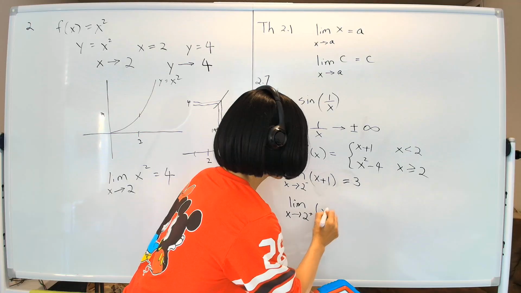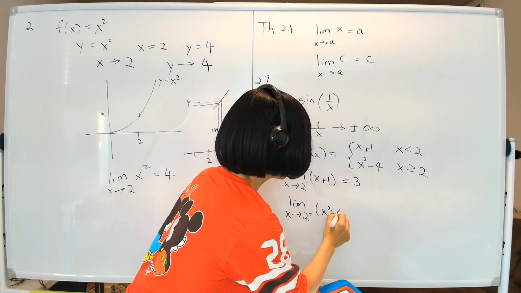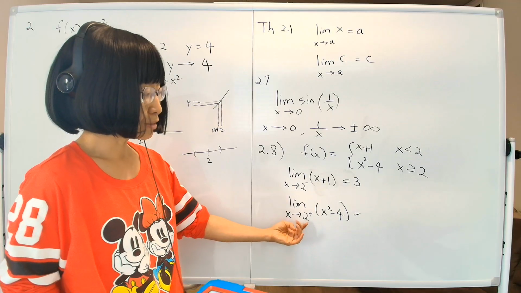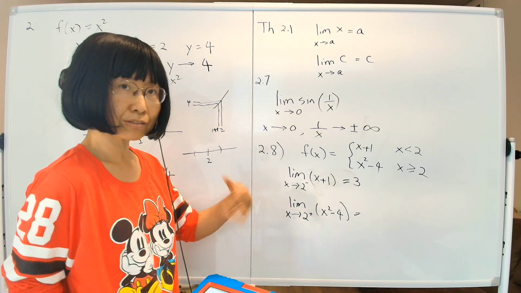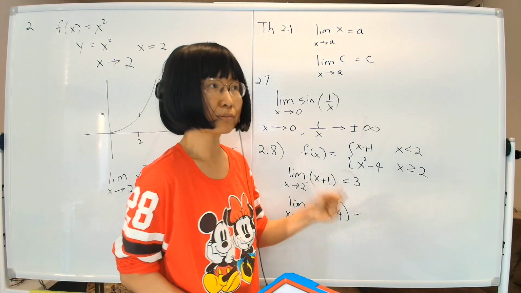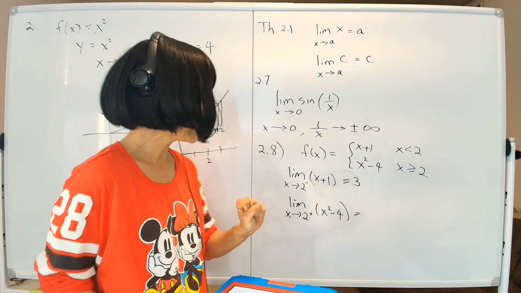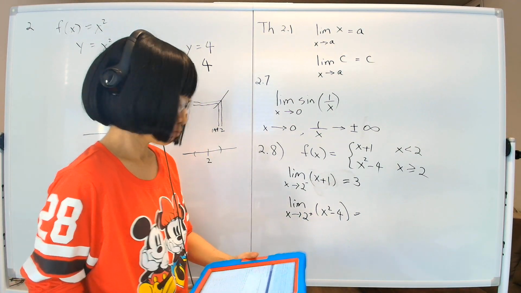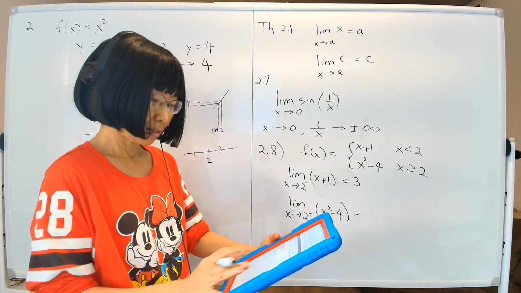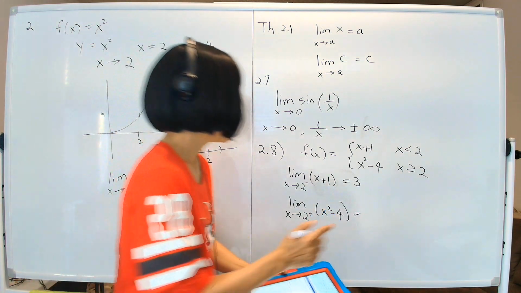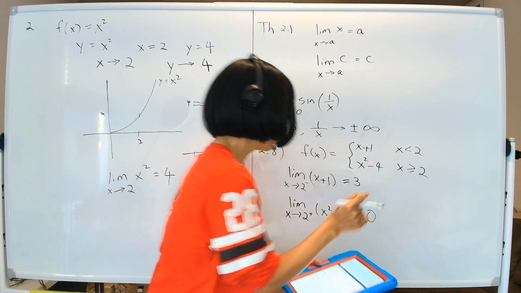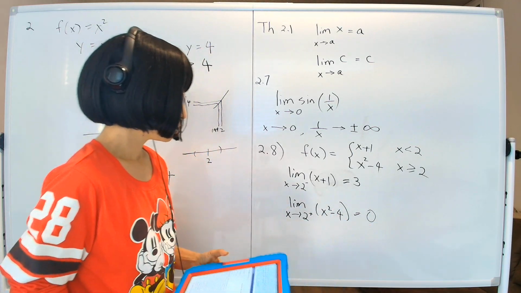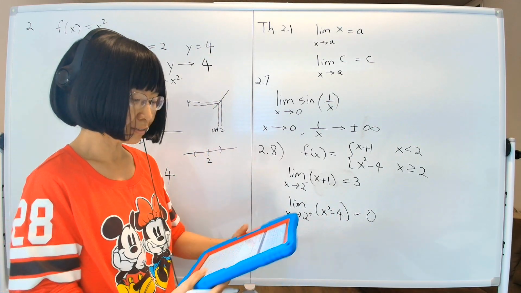So we'll do x squared minus 4, where x is slightly bigger than 2, like 2.1, 2.01, 2.00001. When you plug 2 in here, that equals 0. So the two limits are different.